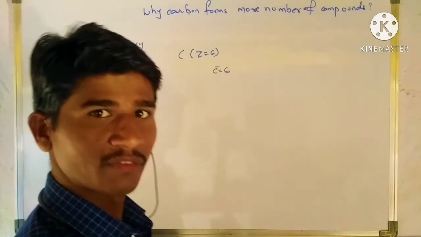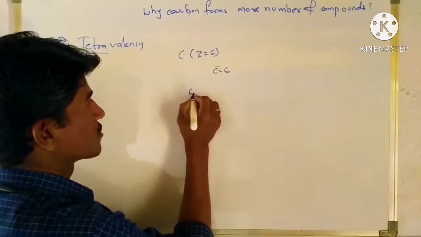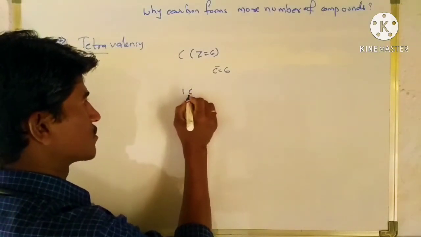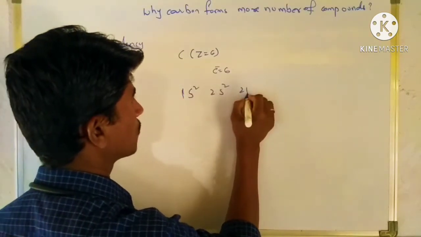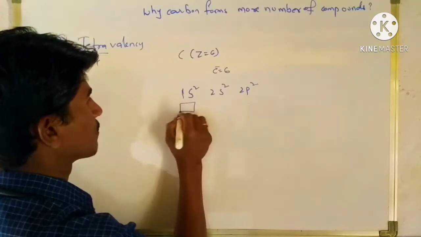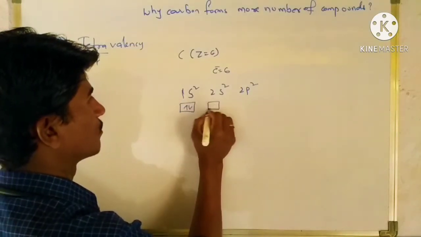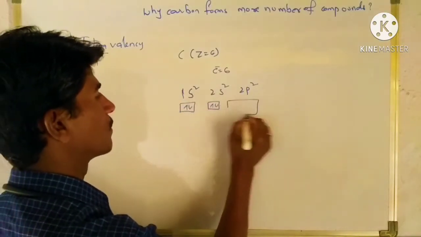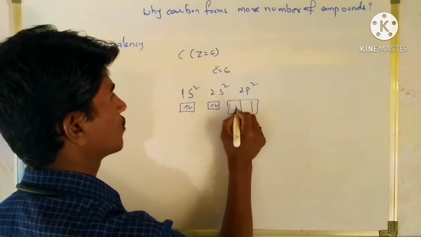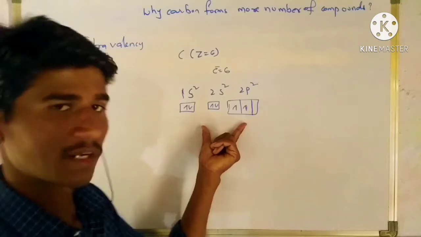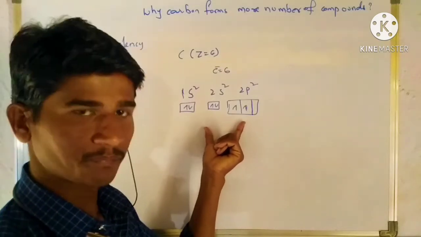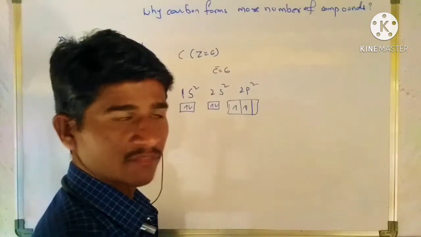When you write the electronic configuration for carbon, it is 1s2, 2s2, 2p2. So there are 4 electrons in the valence orbit of carbon. This is the ground state configuration.